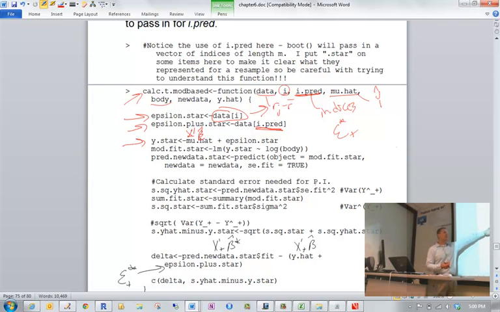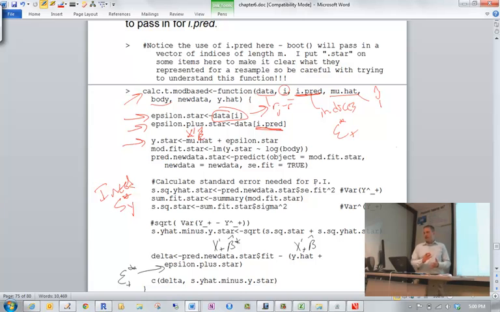I use my predict function just like what I did before when I was working with the observed data. And this is where it gets a little bit complicated here. In order to do the studentized interval, I need, emphasis, I'm going to actually write out, I need S sub y calculated on every single resample, so sy star.